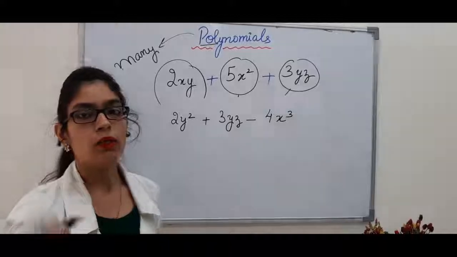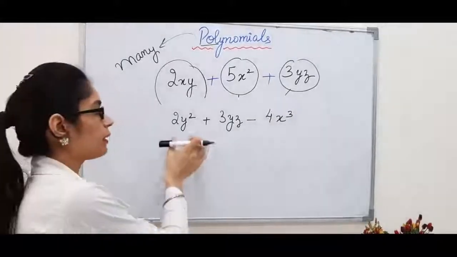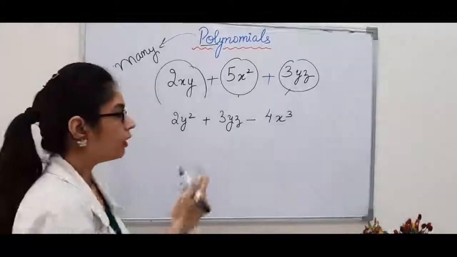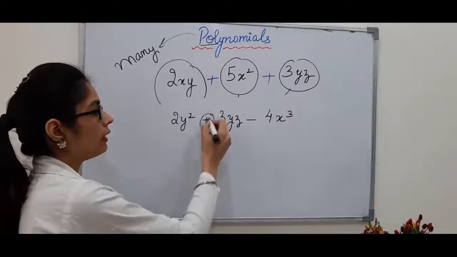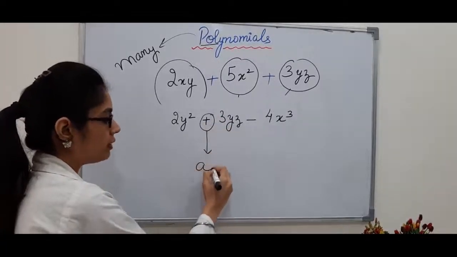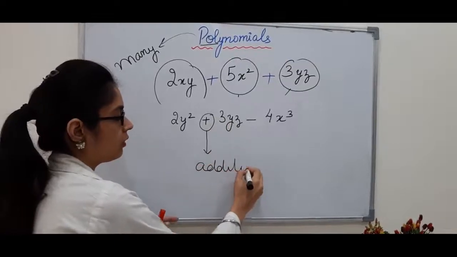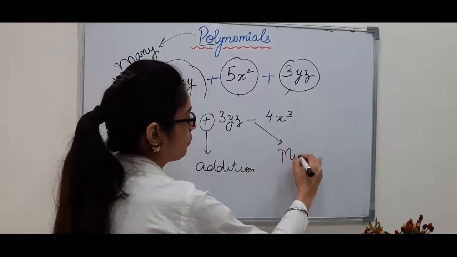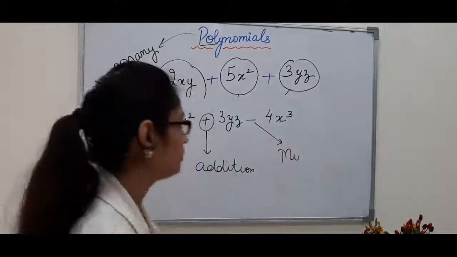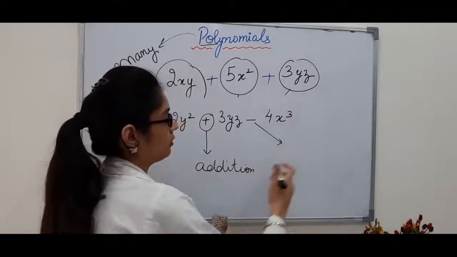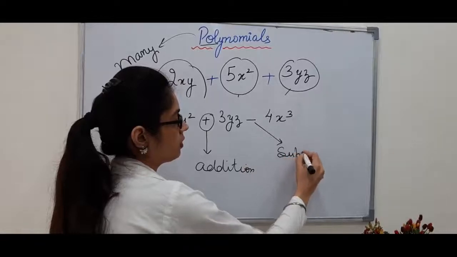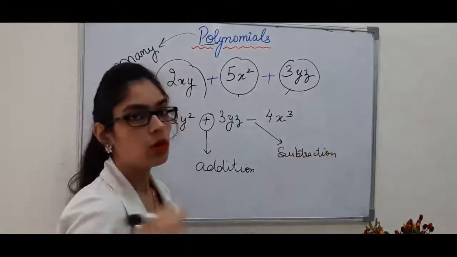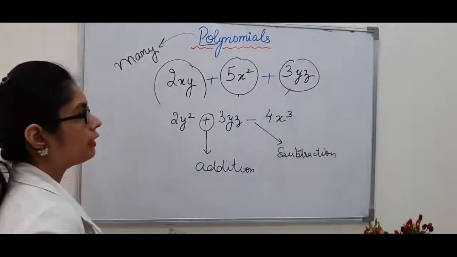One thing you have to remember always, that these terms can be written together or joined together either by addition or by subtraction. You cannot use multiplication or division. I will explain you the reason.